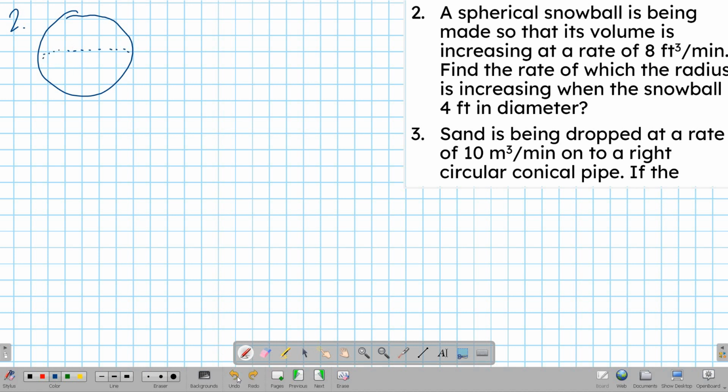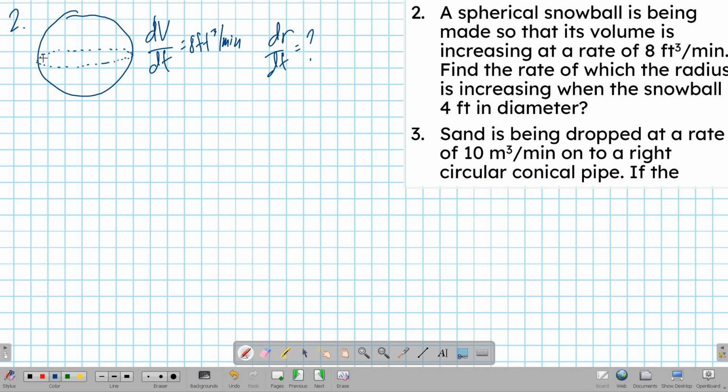Since it's a ball, the volume is increasing at a rate of 8 cubic feet per minute. So it's a rate, so that's the dV over dt, 8 cubic feet per minute. Find the rate at which the radius is increasing. So we have to solve for dr over dt.